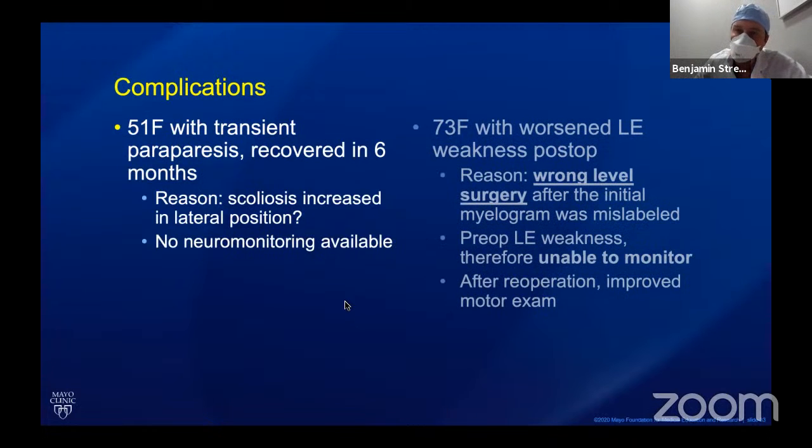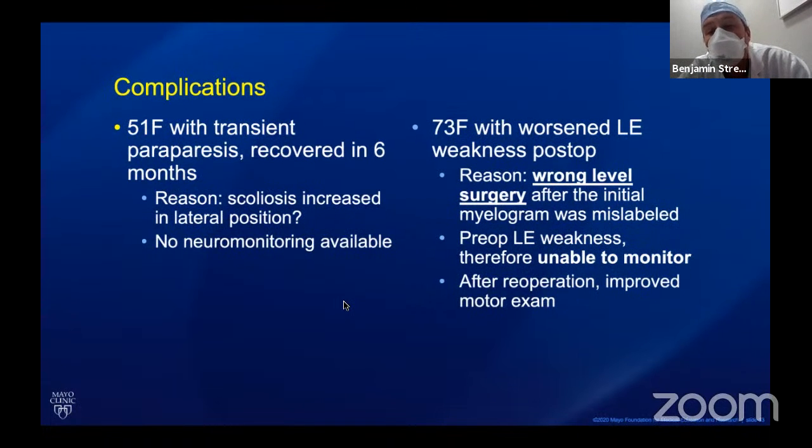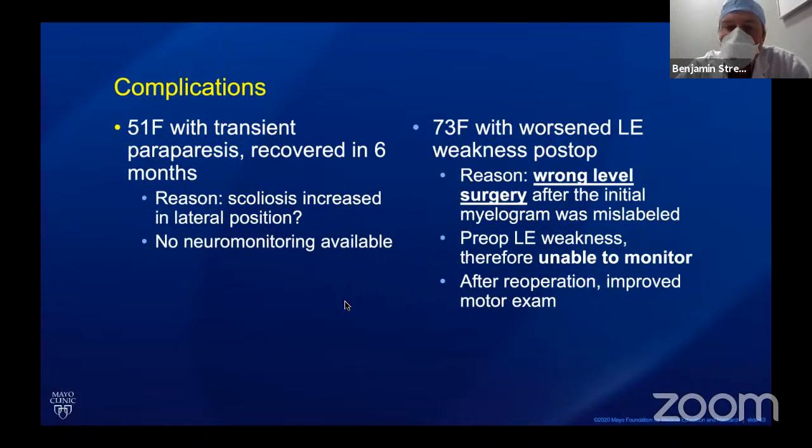They additionally highlight one of the difficulties of thoracic spine surgery, where they found a 73-year-old female with worsened lower extremity weakness postoperatively. They attributed this to the wrong level being operated on after their initial myelogram was mislabeled. Preoperatively, she had lower extremity weakness, and therefore they were unable to monitor using neural monitoring.